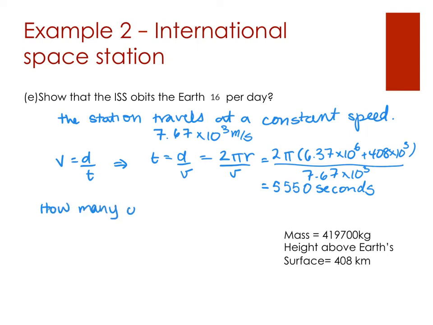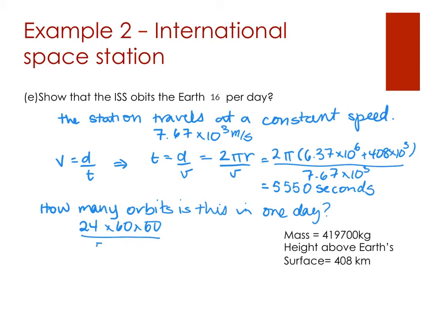Now, I've just calculated 5,550 seconds, but the question says, how many times does it orbit the Earth in one day? So basically, I'm going to need to take the number of seconds in one day, 24 times 60 times 60, and divide it by the time it takes for one of the rotations, and that's going to give me 15.6.